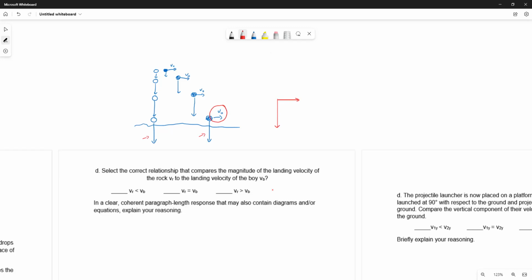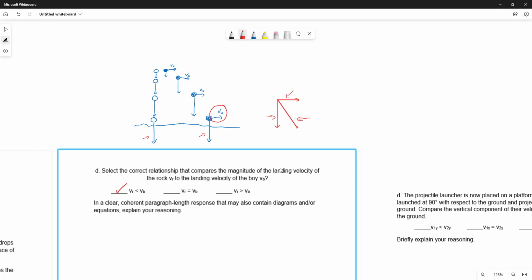Two velocities that look like this would just equal a velocity that would look like this, right? That would be equivalent to both of those velocities combined. Just think of it like traveling to the right and then traveling down as the same as traveling along a diagonal like this. Same thing happens with velocity. These vectors can be summed. And so this velocity vector here would be greater than just the vertical and just the horizontal, right? It's a combination of both. So the boy has a greater velocity than the rock.